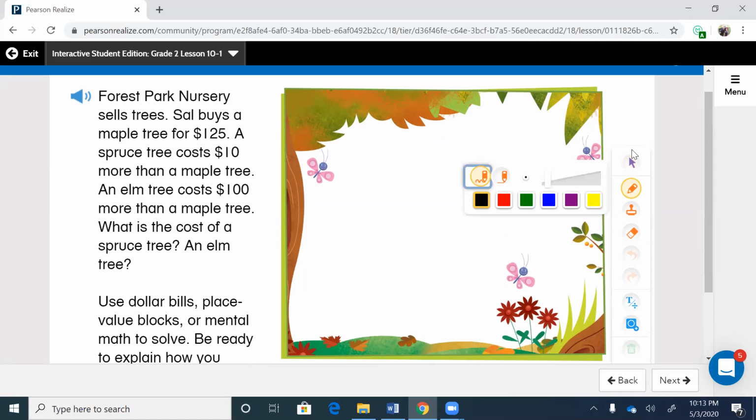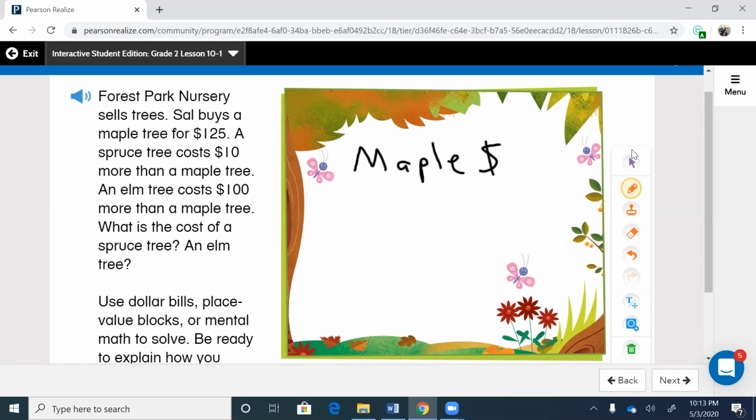All right, so here we go. Let's start with what we know. We know how much the maple tree costs, and that is $125. All right, let's find out how much spruce is.